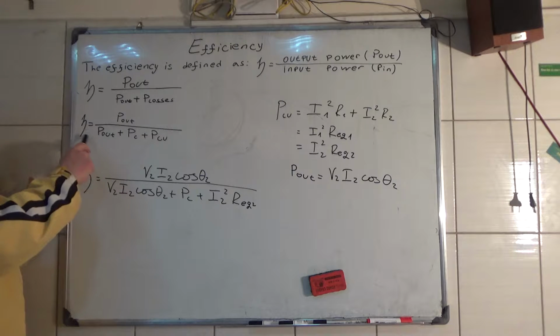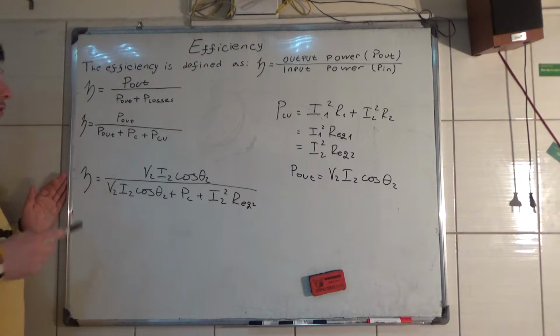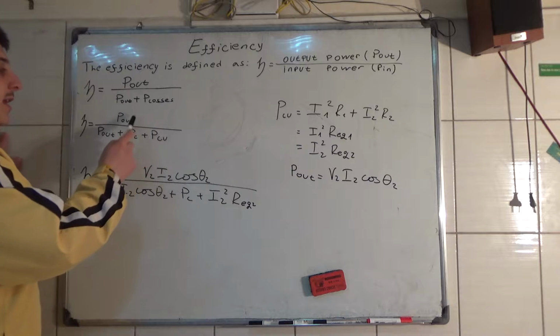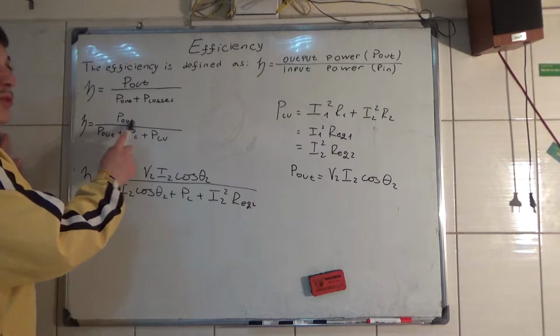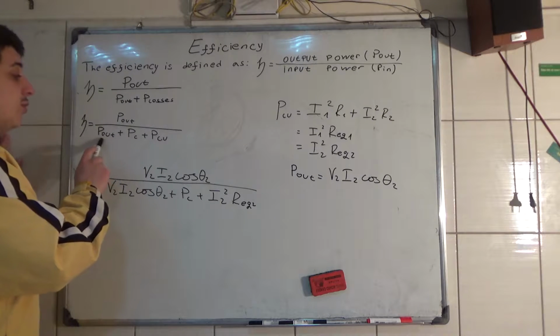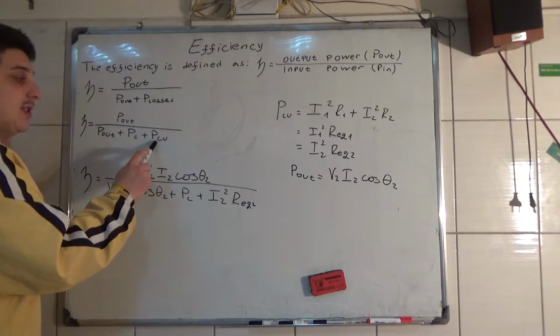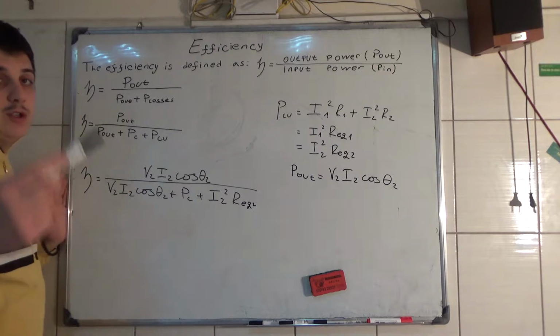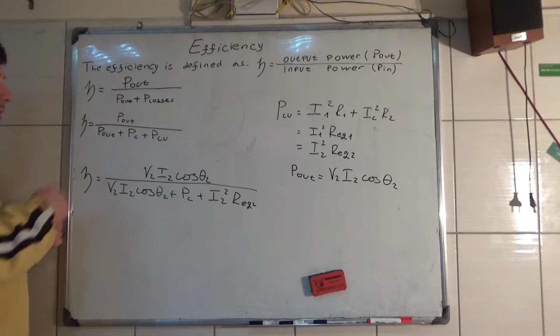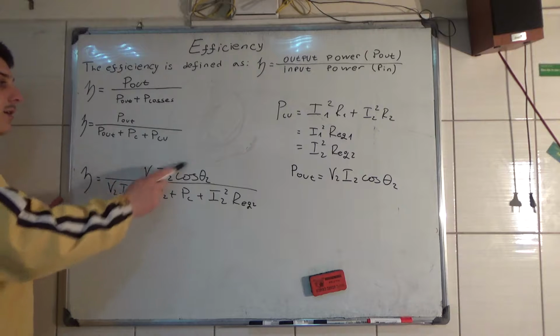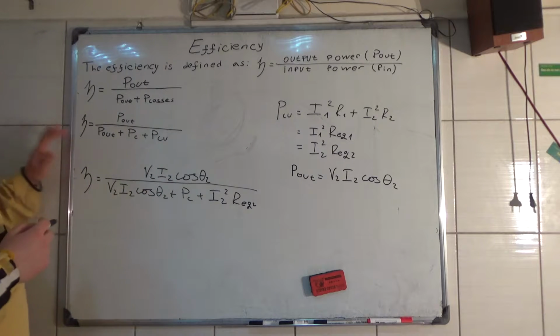The efficiency therefore can be written as the output power divided by the output power plus the core loss plus the copper loss or windage loss. This is the formula that is usually used.